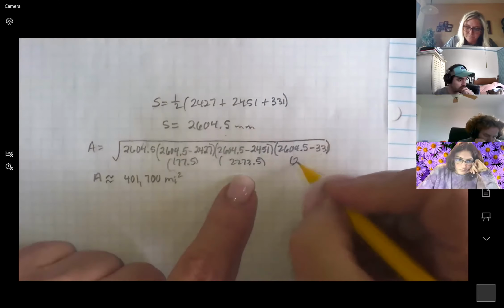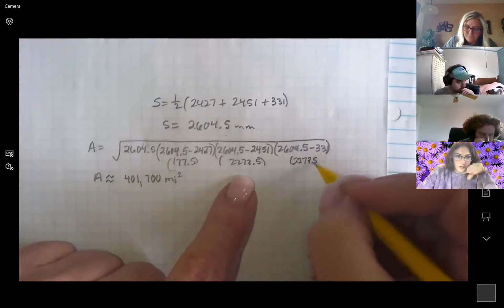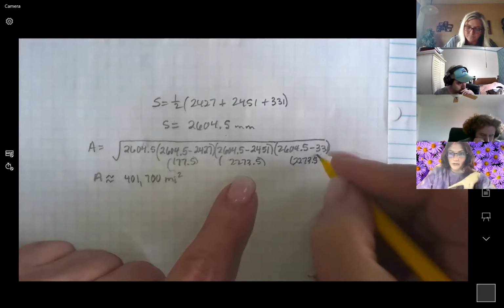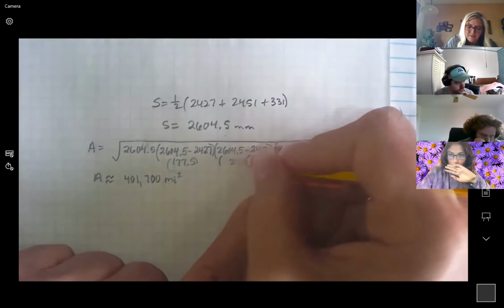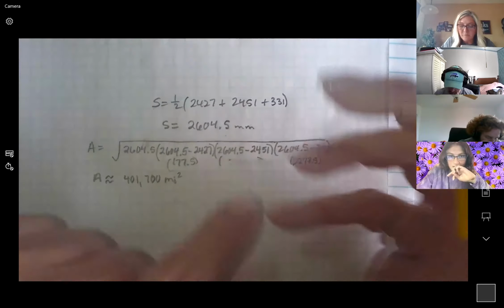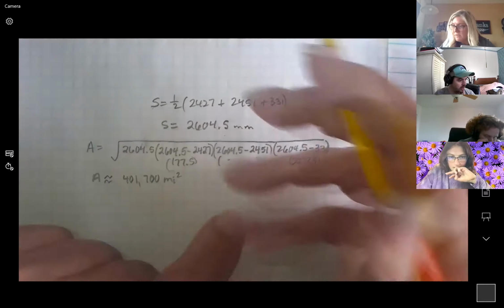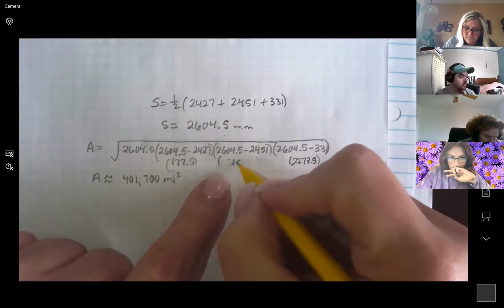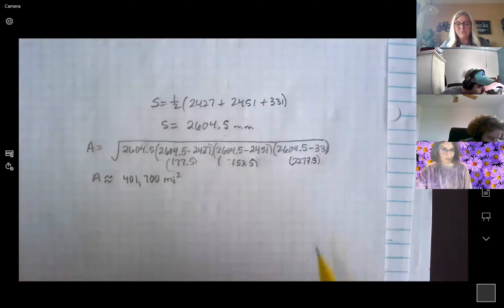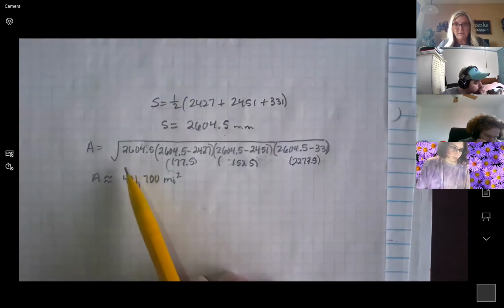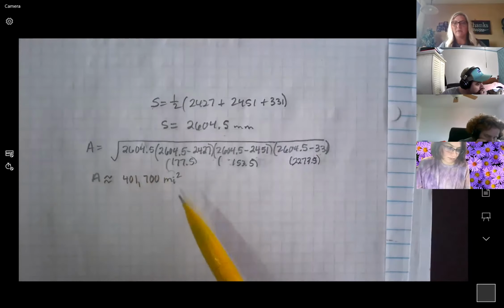Okay. Yeah, I just took the whole thing underneath the square root, put it in my calculator, and then square rooted it. Yeah, that's kind of where the problem is. Is this 153.5? Yes. Okay. Bill, it isn't that you can't do that, it's just easy to have an error in there.